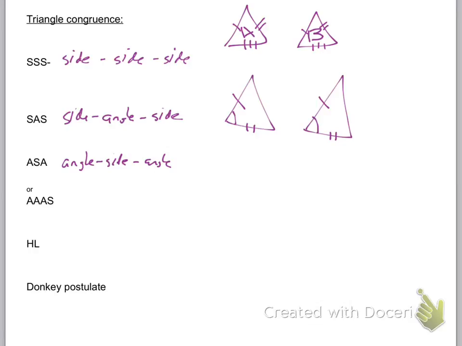So if I had to draw out triangles here, I'd have an angle and an angle, then a side, and then another angle. Notice I'm using different tick marks to denote different things that are congruent. And notice that our side that's the same is between the two angles that are the same. It wouldn't work any other way.